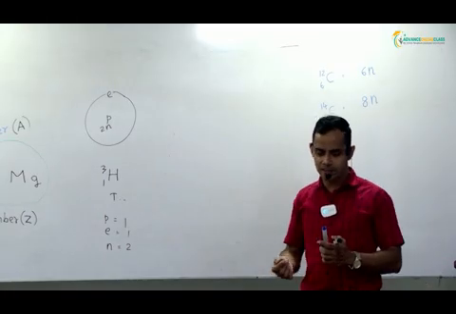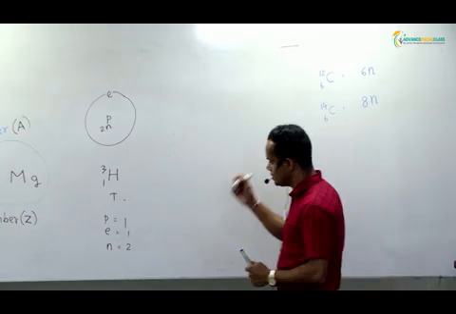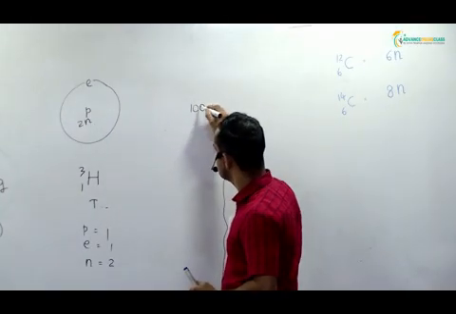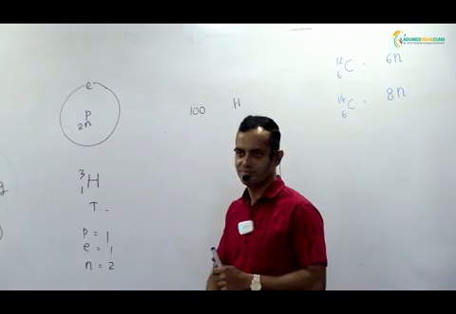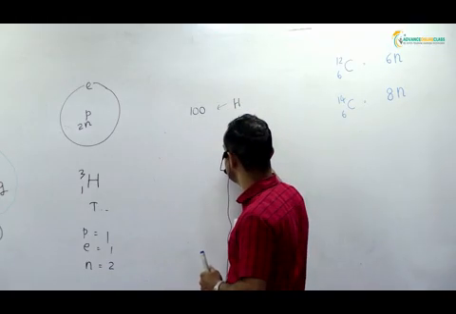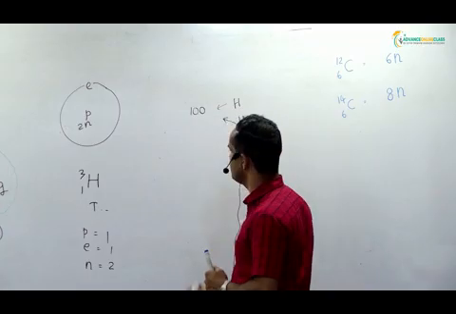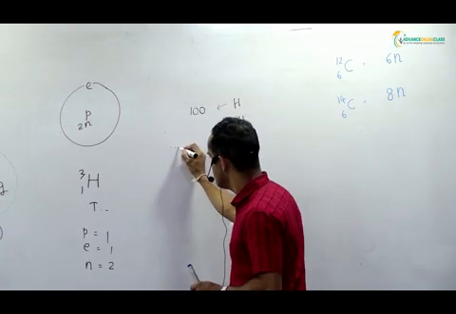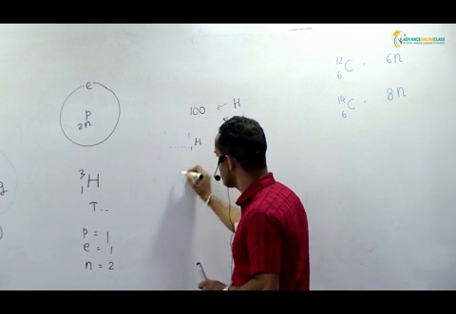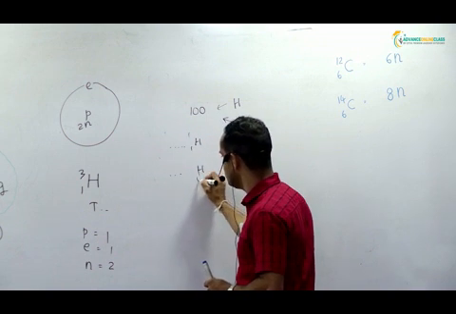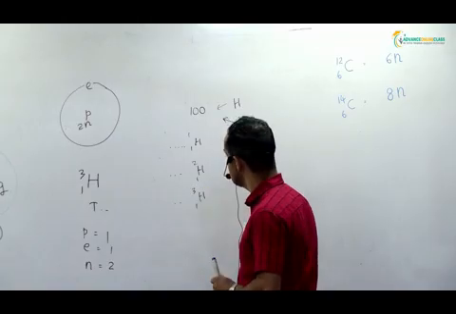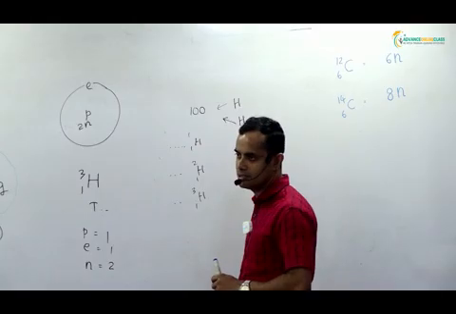So, what is percentage abundance? Simply this. Look at this. Say we take 100 hydrogen atoms, and we find how much out of 100 is H-1, how much is H-2 out of 100, how much is H-3 out of 100. This is called percentage abundance.